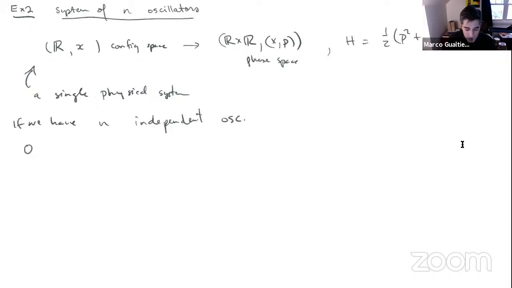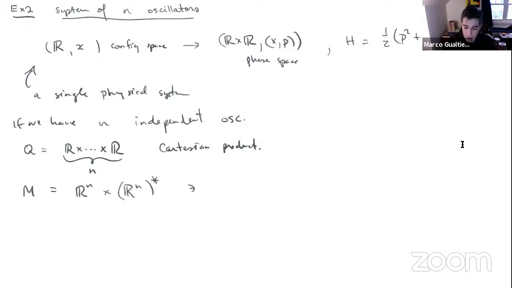Well, the configuration space will be an n-fold Cartesian product, because a configuration is given just by specifying the individual configurations of each of the n systems, and so we get a Cartesian product. And the phase space will be R to the n cross R to the n dual, in which we have coordinates x1 up to xn and p1 up to pn.